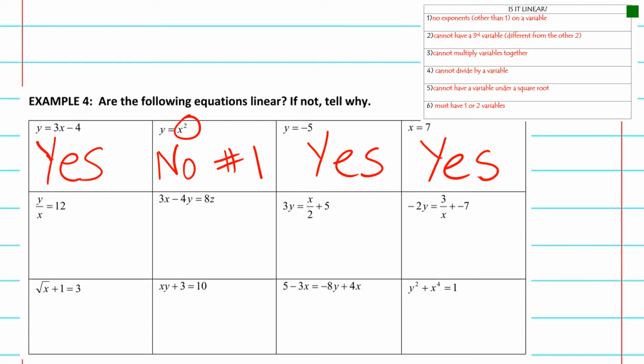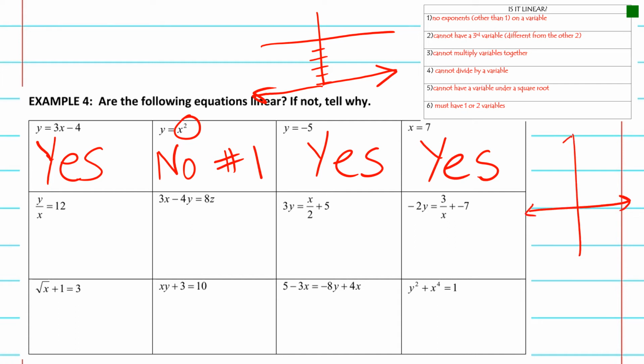Because if I have a line y equals negative 5, it's going to be a line that looks like that. And if I have x equals 7, it's going to be like that. Okay, so yes, I don't have to have 2 variables.